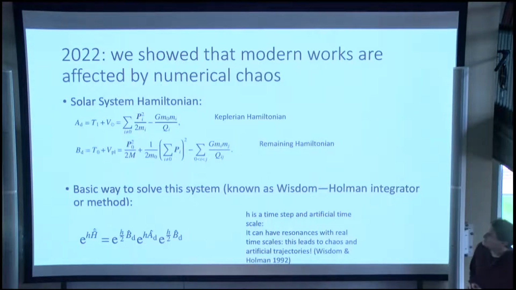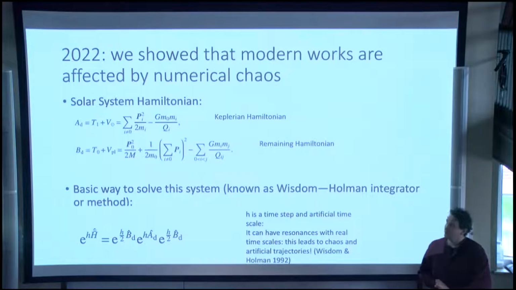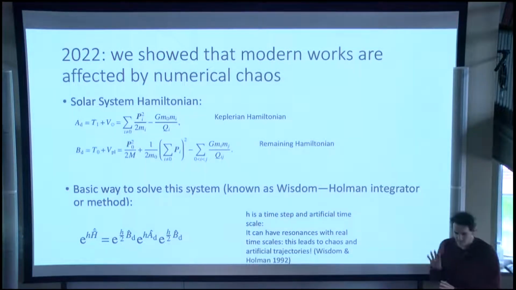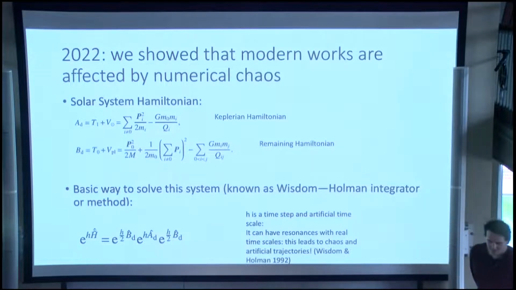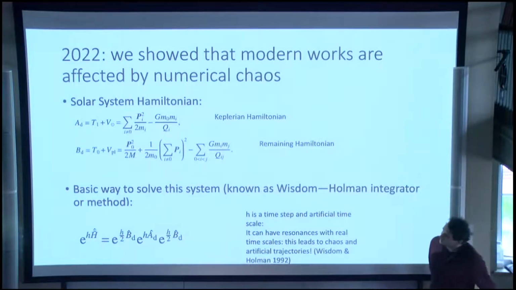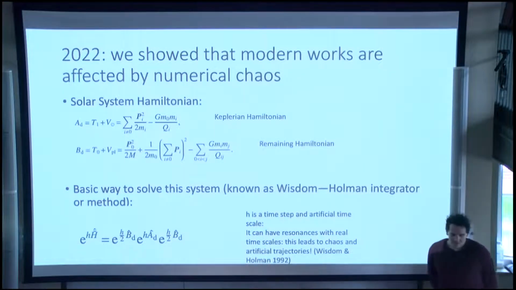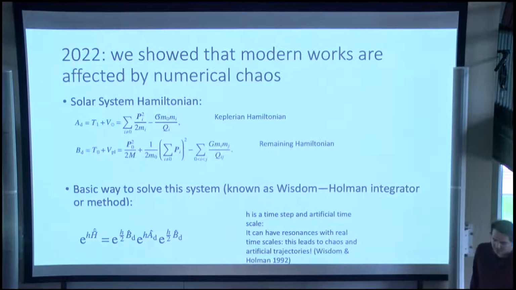That brings us to the present day, and I'm going to try to convince you that this work and several that have followed are affected by numerical instabilities. So just some basic maths so we're on the same page. If we approximate the solar system as a conservative system, we can write down the Hamiltonian. The dominant part is this A function, which is Keplerian motion of the planets, and I've just chosen some canonical coordinate system.